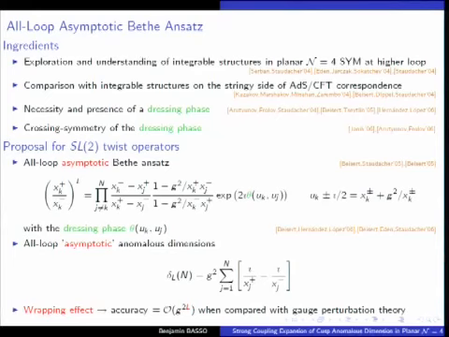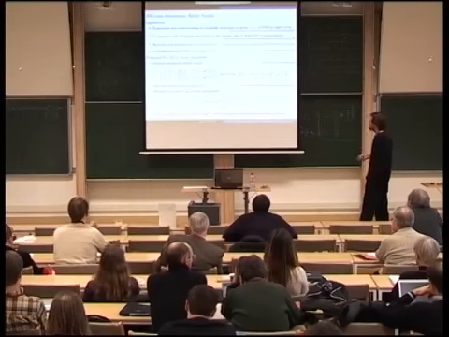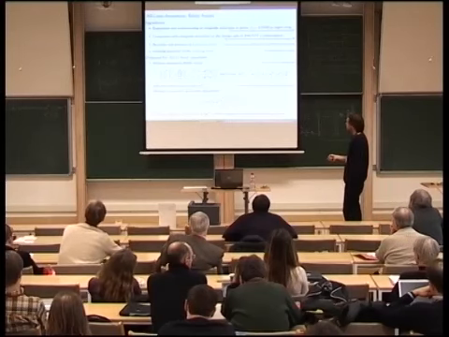So the whole picture converged to this all-loop asymptotic Bethe ansatz. It's in this case for SL(2) twist operators, and the all-loop asymptotic anomalous dimension that follows.